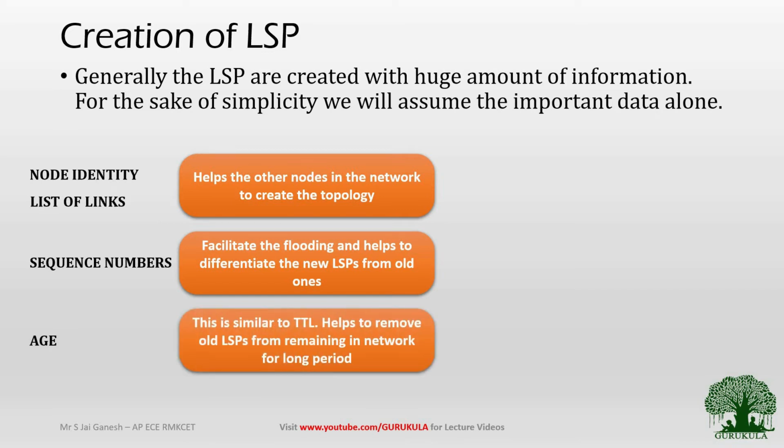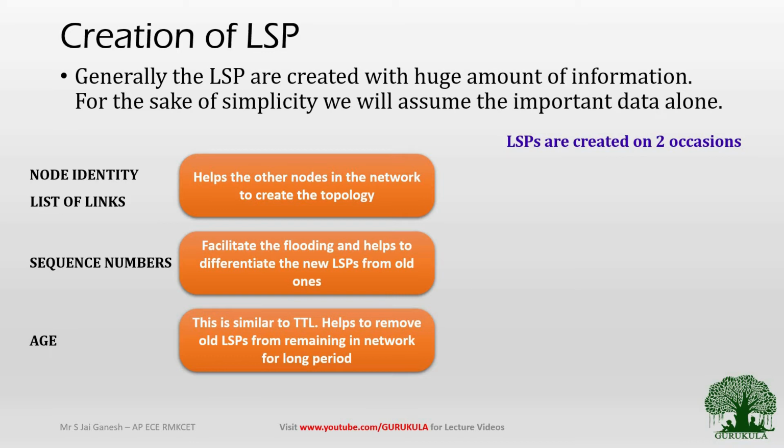And finally, the age is similar to TTL, which is time to live, which helps to remove any old packets from remaining in the network over a period of time, because any unused packet on the network will create unnecessary congestion. And now comes the question, when should the nodes create the LSP packets?